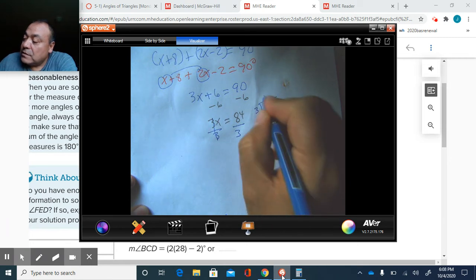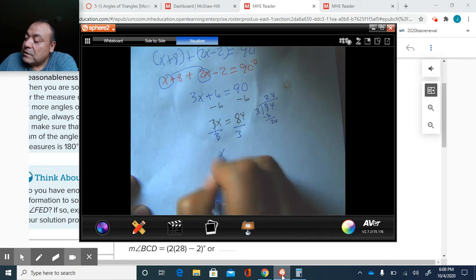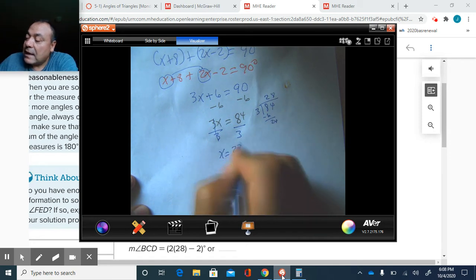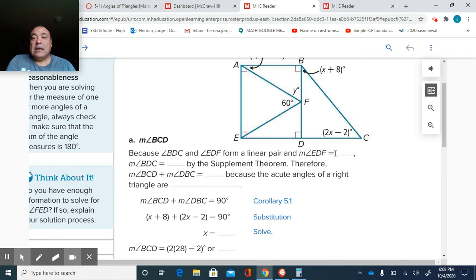It goes in here 2 times, 6. I subtract that. Look at that. It's 24. So x equals 28. Ta-da! Once I get that, guys, I can go back. And I said, well, I got 28 for that. So I'm going to go back. And here, once I got 28 degrees right here.